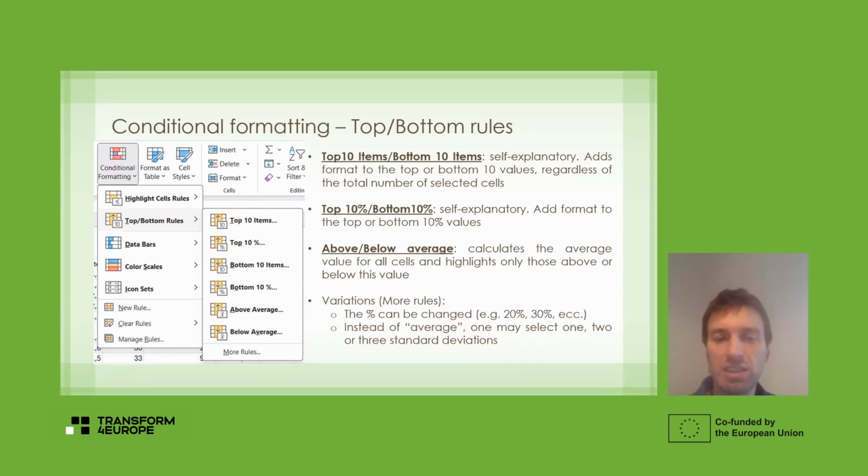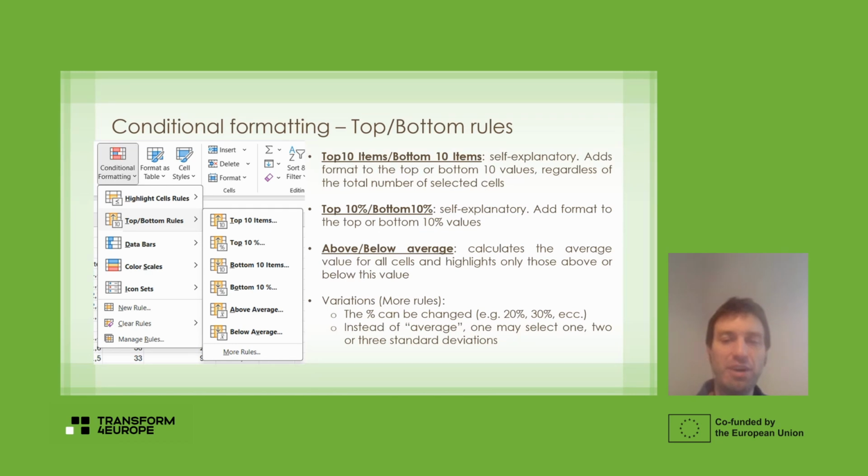But in most cases, I would say that it's more useful to use other rules for highlighting, which are not a fixed number or a fixed percentage of the values. Sometimes you might want simply to highlight those values that are higher or lower than a given threshold, like the average.